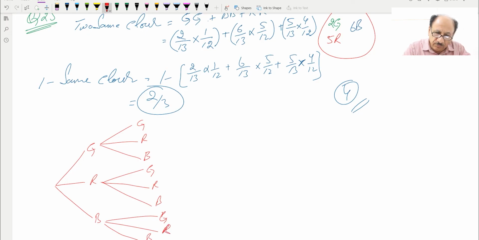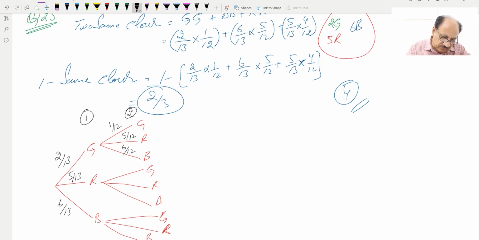Now the probability is what? There are 2 green, so this will be 2 by 13, and this will be 5 by 13, and this will be 6 by 13. Now the next level, this is the first draw, this will be the second draw. For the second draw, this will be 1 by 12, because 1 green is already gone and it is without replacement, so red will be 5 red are there, so 5 by 12, and next will be 6 by 12 for the blue one.